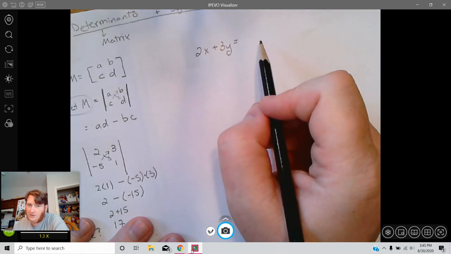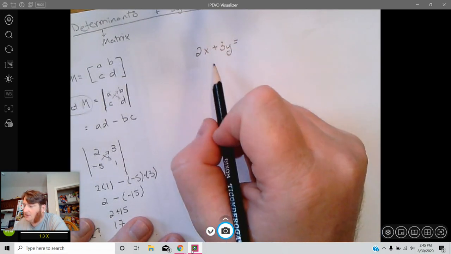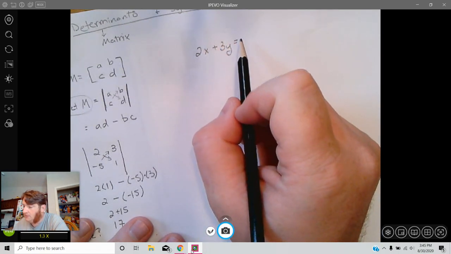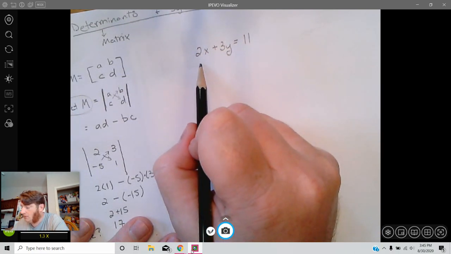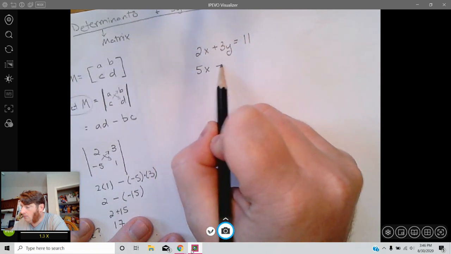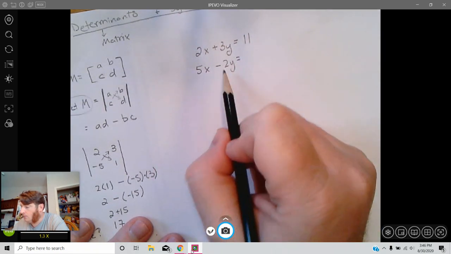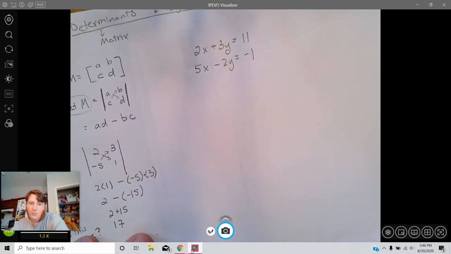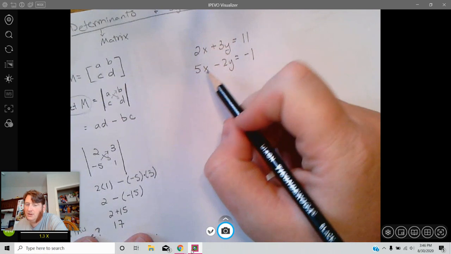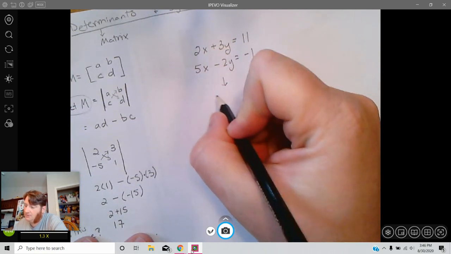And there's a chance you saw this in Algebra 2, but I won't say that it's a great one. So let's say we were trying to solve that system. We could use normal methods that you do recall from Algebra 2, but you're supposed to see this method in this class. So the first thing we're going to do is talk about how you turn this into a matrix equation.